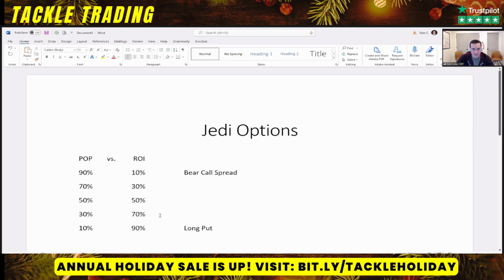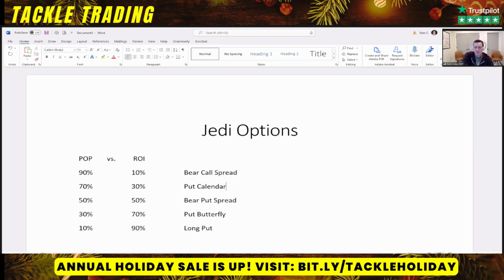If I want something a little less aggressive, that has a better probability, and I'm willing to lower the payout a little bit, I'm going to do maybe something like a bear put spread. Okay. If I want something a little more aggressive than a bear put, but not as aggressive as a long put, maybe something like a put butterfly out of the money. Okay. Well, the put calendar spread fits kind of right here on the scale.